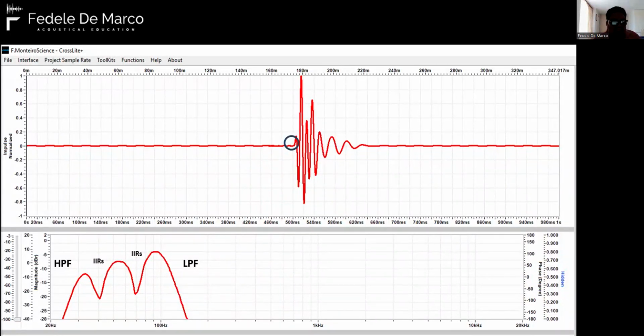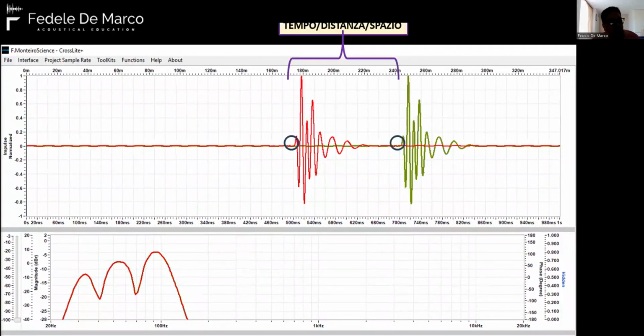So it represents what the position in the space of the system is, where the position is. Here you see two similar subwoofers, so same magnitude, same impulse response, but in a different position along the time axis of the IR window.